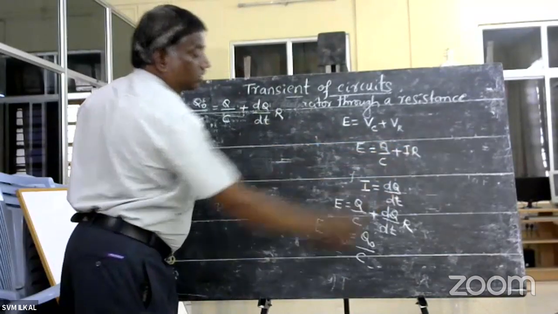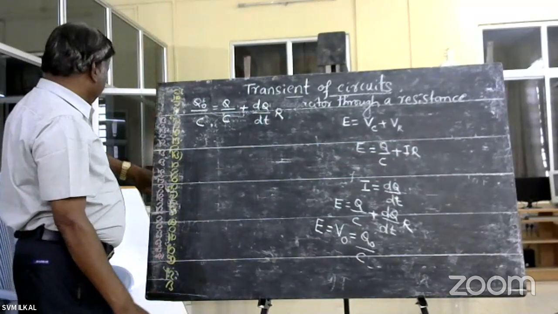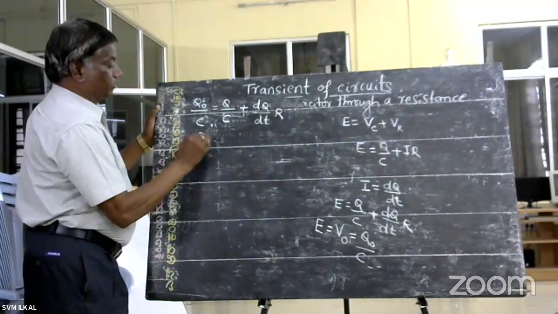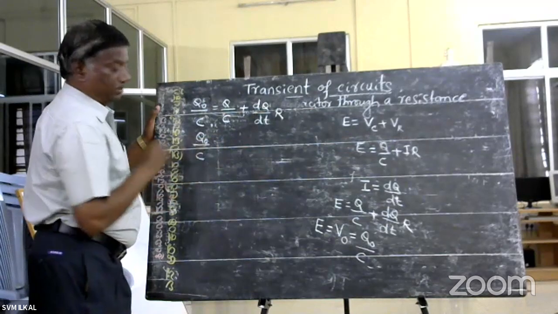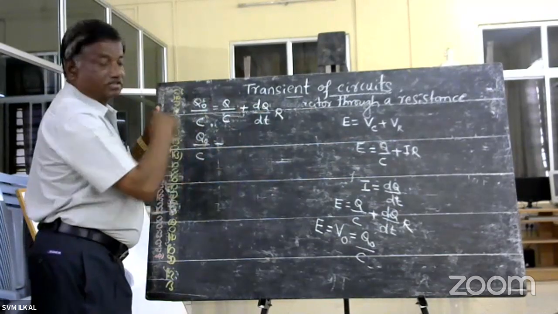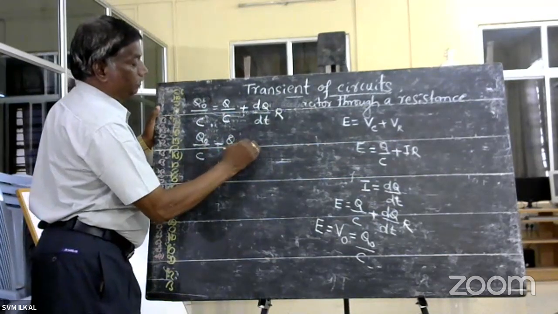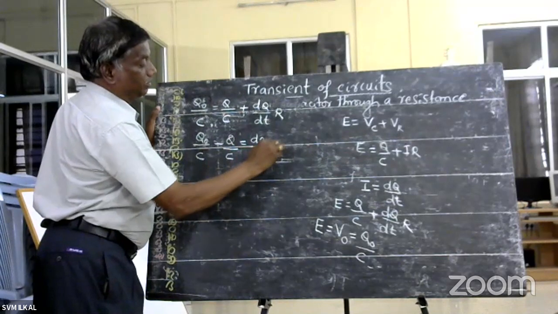I is nothing but the flow of charge in a period of time, dQ by dt, into R. In this equation, Q naught by C minus Q by C is equal to dQ by dt into R.